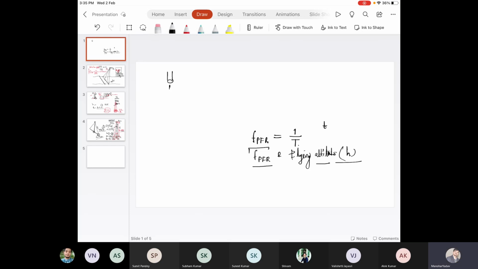At time t1, the first beam is fired. At time t2, second beam is fired. And at time t3, third laser beam is fired.